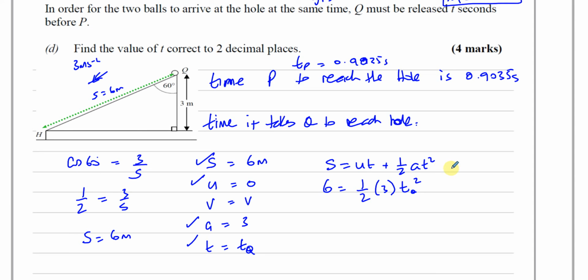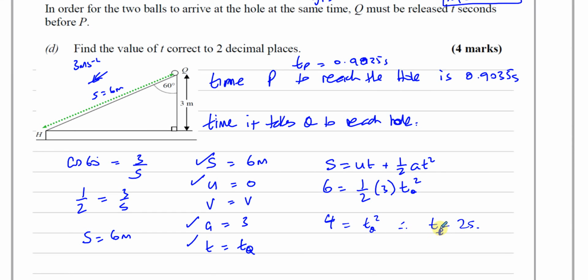So this is going to give us 12 over 3, which is 4. So you have 4 equals T squared. Therefore, T is equal to 2 seconds. So that's TQ.